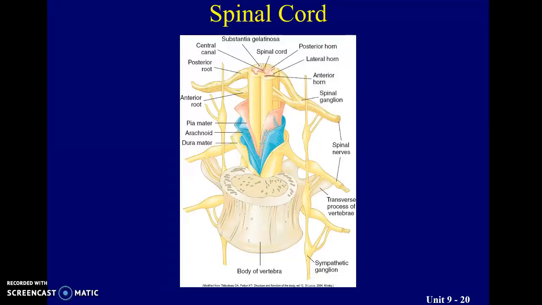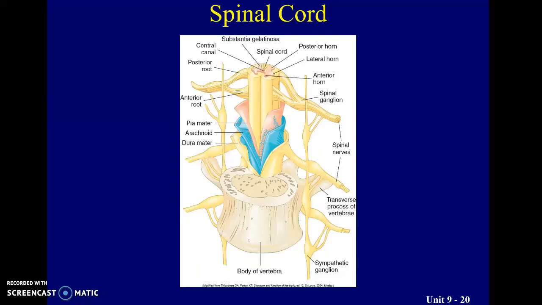Spinal cord consists of white matter and gray matter, of course, just like other parts of the central nervous system. Notice the anterior body of the vertebra there, and the spinal cord in the opening, again, that's posterior to it. We see perhaps layers of the meninges that we'll talk about in a moment.